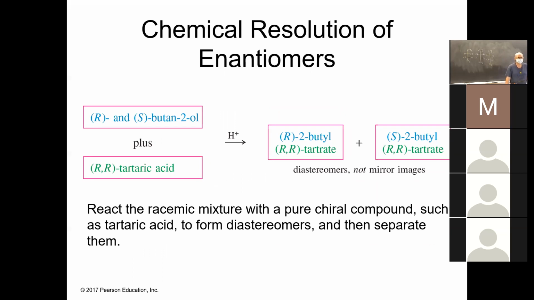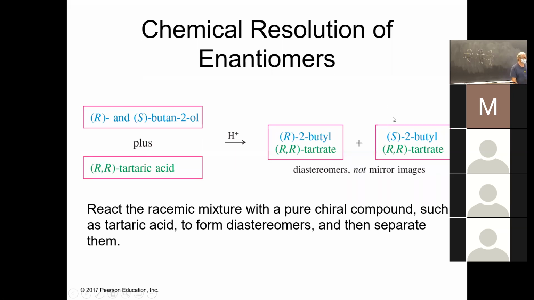There are also enzymatic methods that can separate enantiomers. One enantiomer will bind to an enzyme and the other one will not, or it will bind better than the other. There are some applications where this can be done.